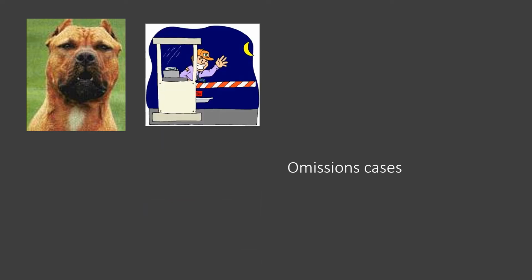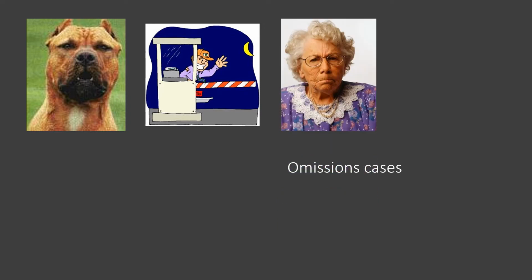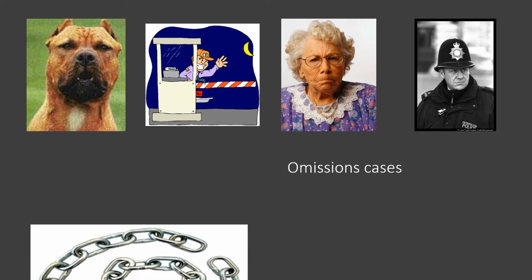The next image represents the case of Pittwood, and in this case the defendant had a contractual duty to act. The next one, Stone and Dobinson, and again this is a voluntary assumption of responsibility.